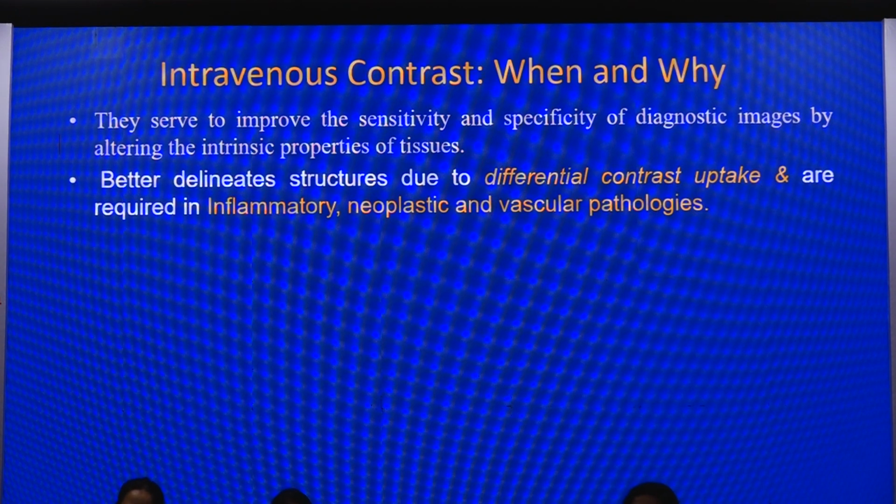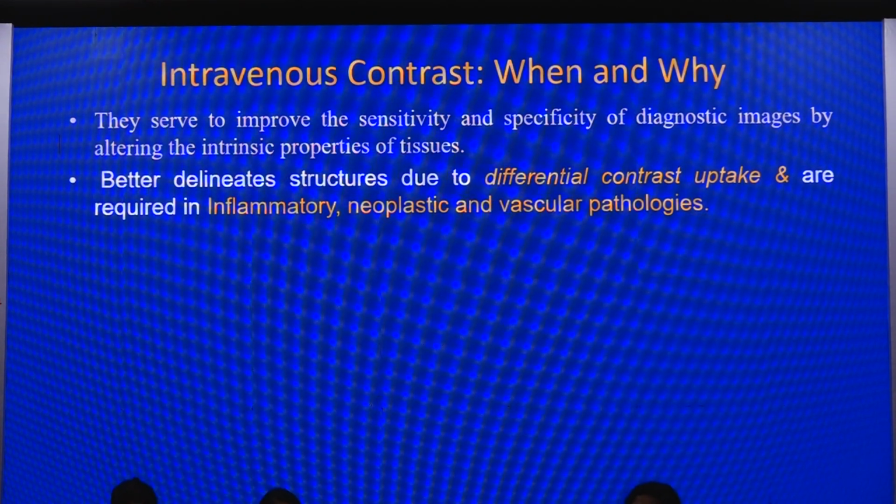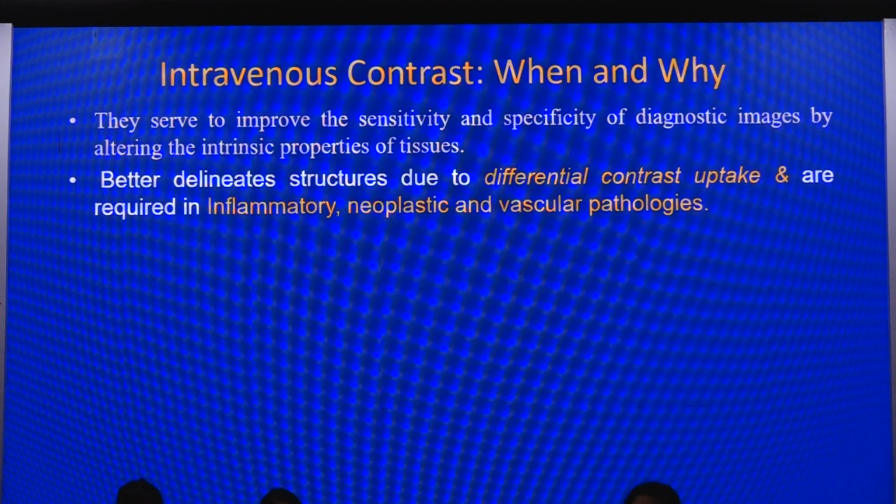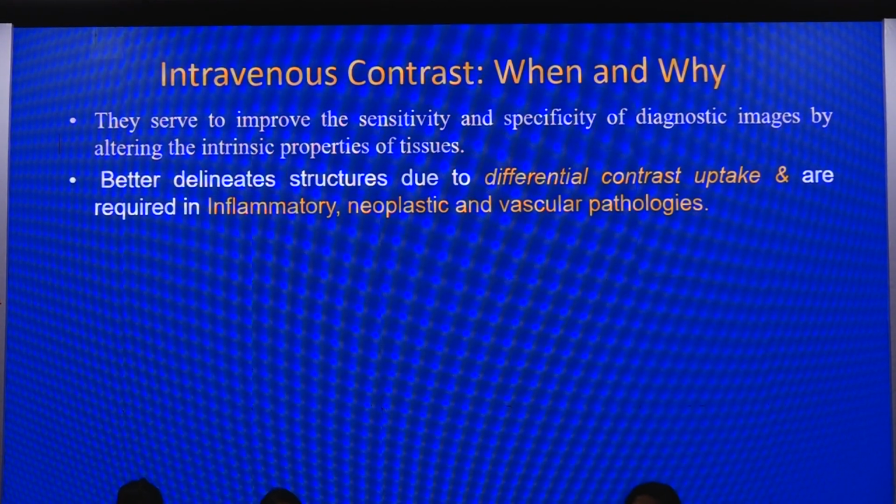So these contrasts are absorbed into those tissues, and you are making the sensitivity and the specificity more. It better delineates the structure due to differential contrast uptake, because the lesions can be inflammatory, there can be tumor. So difference in their uptake definitely leads to the diagnosis.